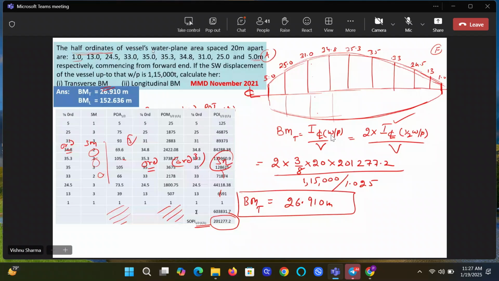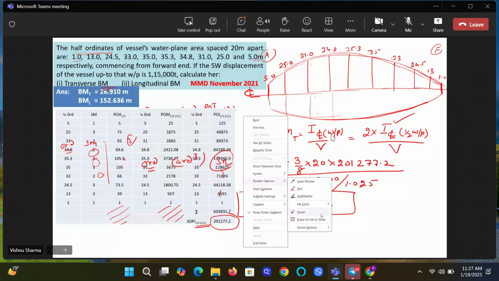Okay. Now, let me also address my friend Keshav. Keshav? Yes, sir. Now I'll just take X as an example and tell you why your answer cannot be matching.